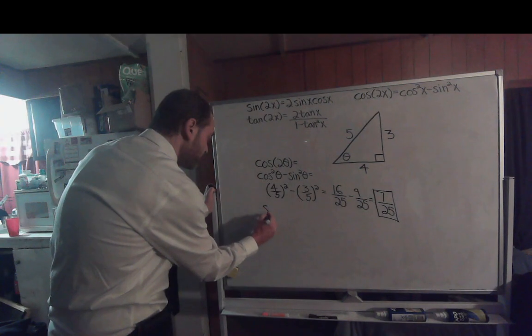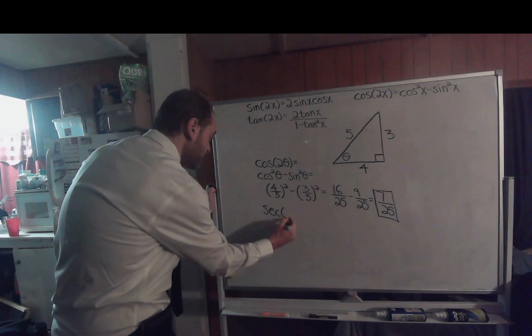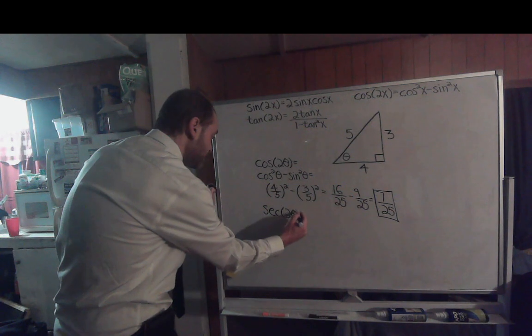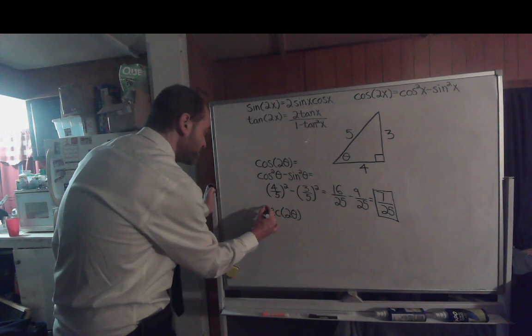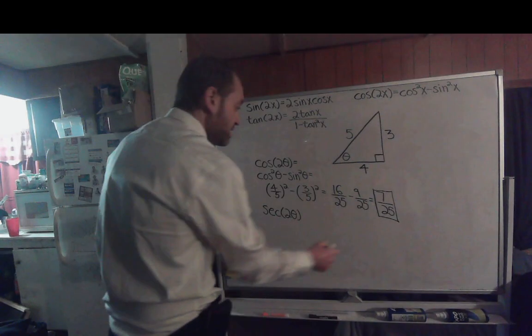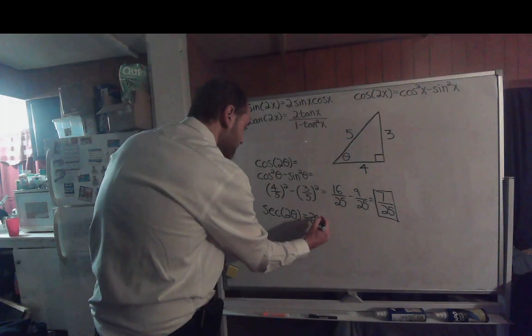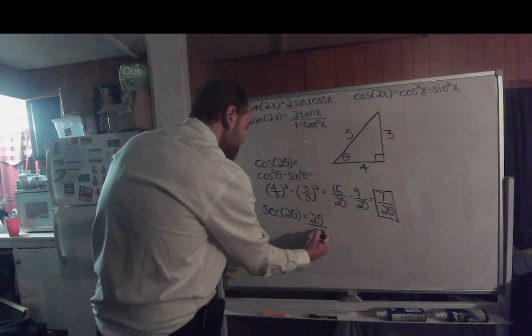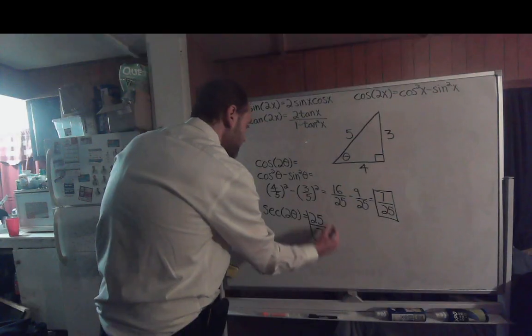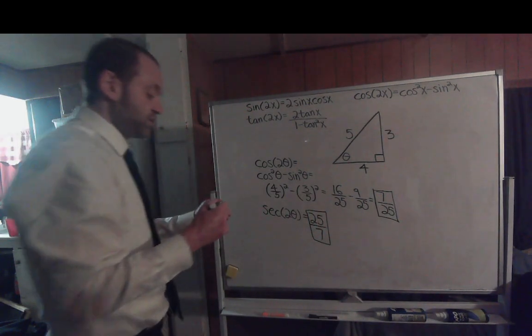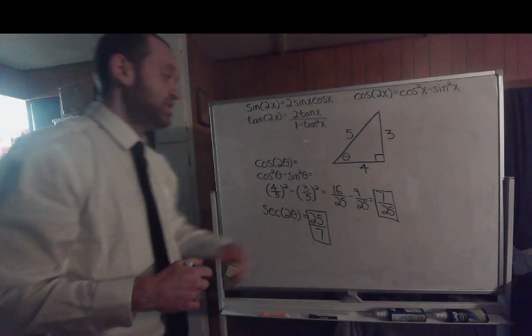And then if you want to find the secant of 2 theta, that's also pretty easy because the secant is simply the reciprocal of the cosine. Just take the reciprocal of 7/25, you'll end up getting 25/7. That would end up being the value of your secant of 2 theta. It would be 25/7.